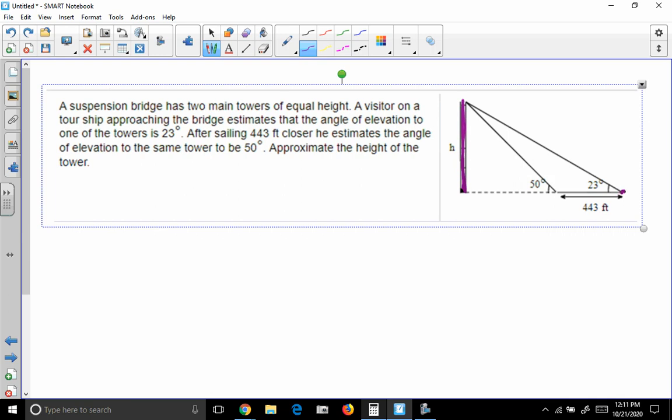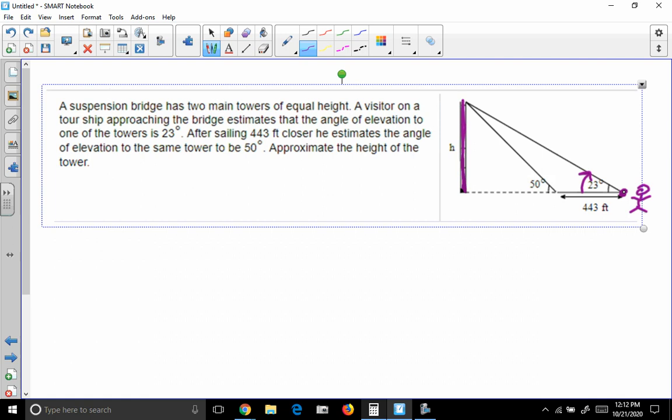So we're on a boat out here, and when we first measure the angle of elevation, so remember elevation is from horizontal upward. So from horizontal upward, then we're looking up, we're standing in a boat over here, looking upward, so our angle of elevation is 23 degrees.